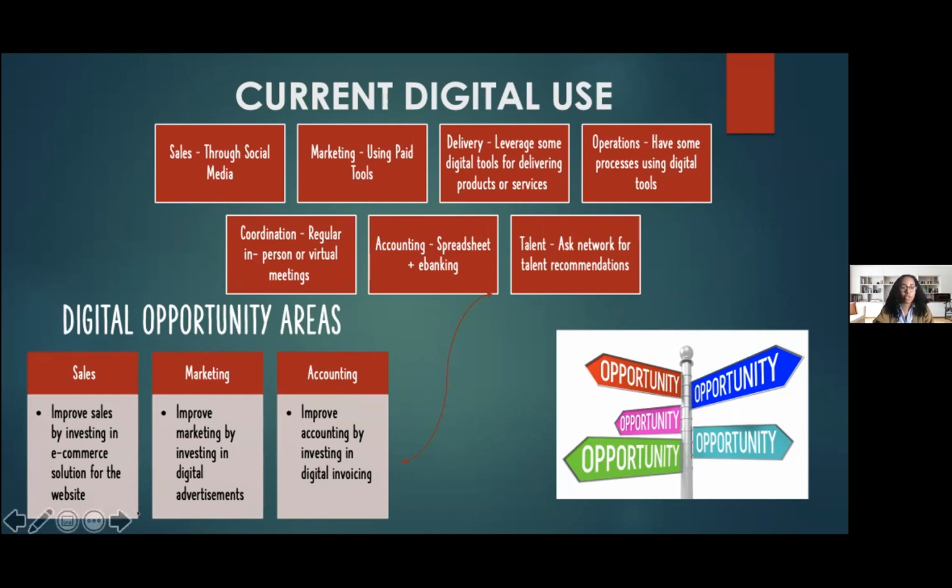Some digital opportunities that we're seeing are improving sales by investing in an e-commerce solution for the website, focusing a lot more on digital advertisements, especially in social media, and potentially, for their accountant, moving into some sort of digital invoicing.